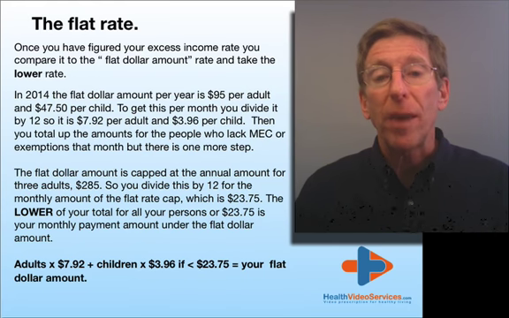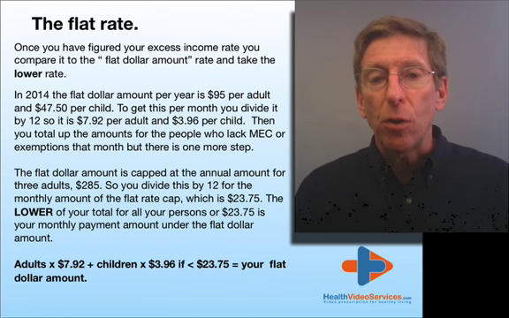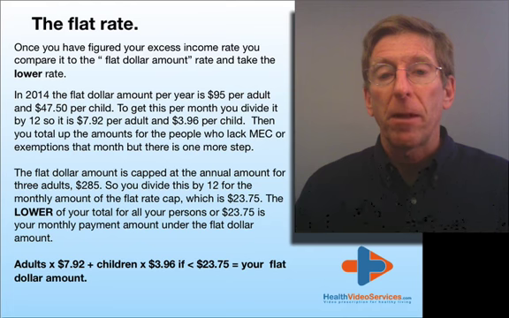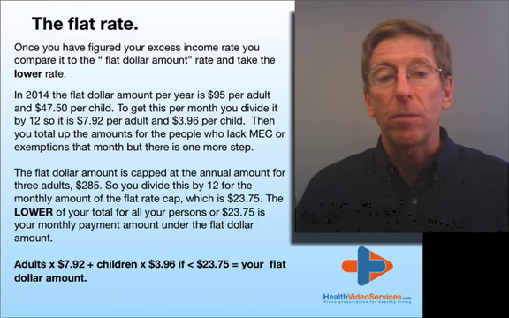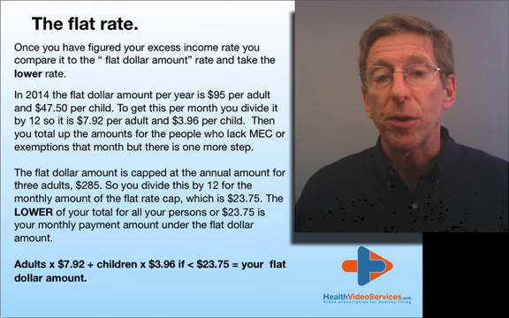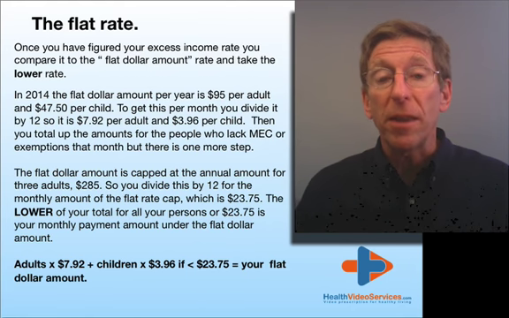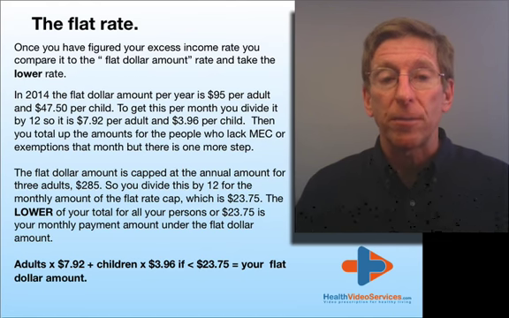The flat dollar amount is capped at the annual amount for 3 adults, $285. So you divide this by 12 for the monthly amount of the flat rate cap, which is $23.75, the lower of your total for all your persons, or $23.75 is your monthly payment amount under the flat dollar amount.